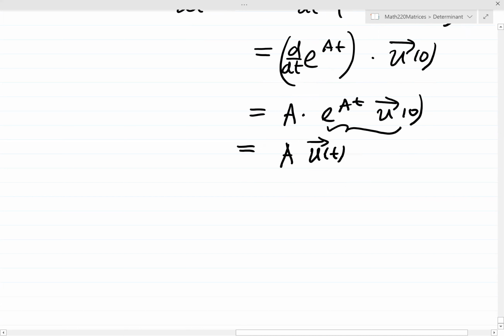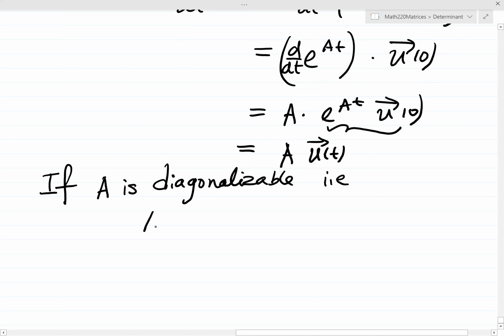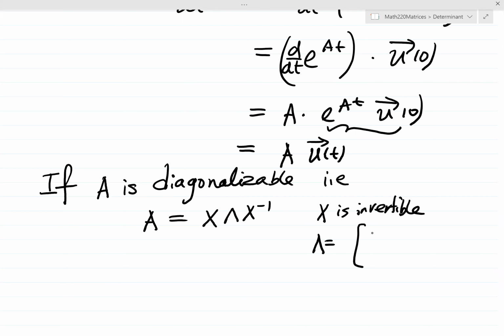Now, if A is diagonalizable, it looks a lot nicer. If A is diagonalizable, i.e. A equals X Gamma X inverse for some invertible matrix X, then Gamma is the diagonal matrix with lambda 1, lambda 2, ..., lambda n.